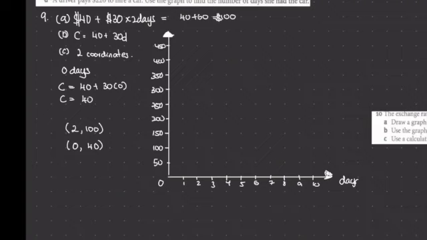So 0 days is 40, which is a little bit tricky to draw, but you can get it.